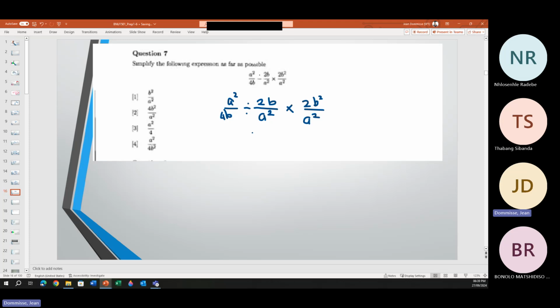Okay, so when we look at this, we see there is a division. So what we are allowed to do when we get a division, we can transpose that by changing it.